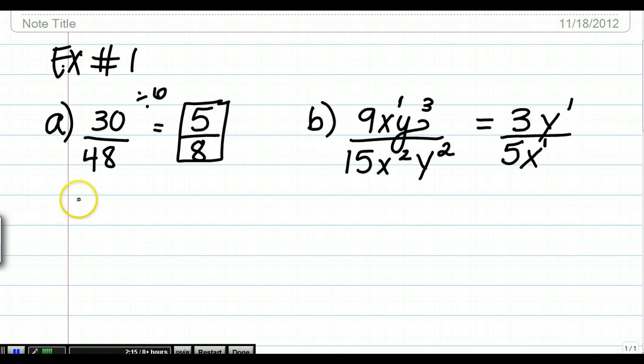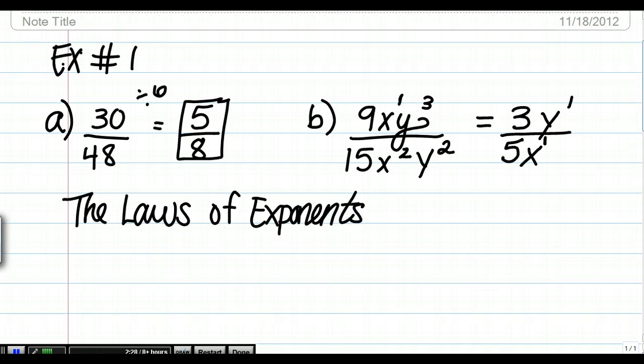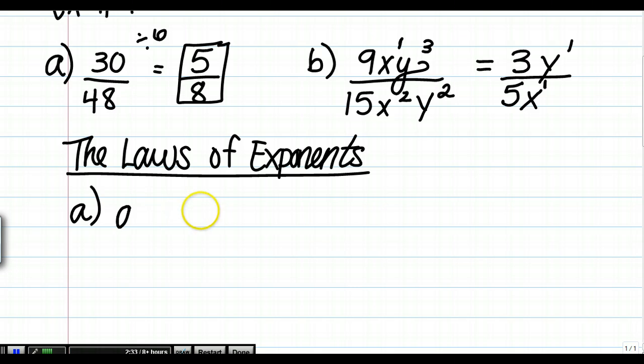You must remember the laws of exponents from chapter 4. Okay, you just had your test on these. The laws of exponents, if you remember, is if you have a to the n times a to the n, you know that if you're multiplying two numbers with the same base, remember you add the exponents together.